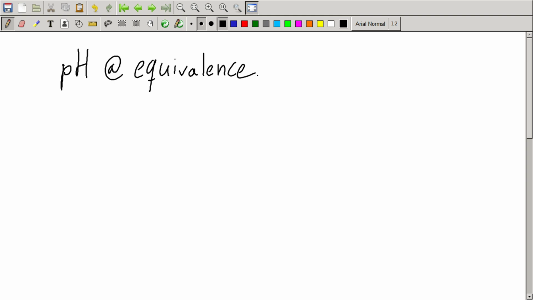Okay, now, there are some shortcuts that you can take here. You got to be really careful, though. All right? Got to be really, really careful. But here's what we can say. Given the nature of this titration, what do we have, or what kind of solution do we have at equivalence? We have a weak base solution. How do we know that?